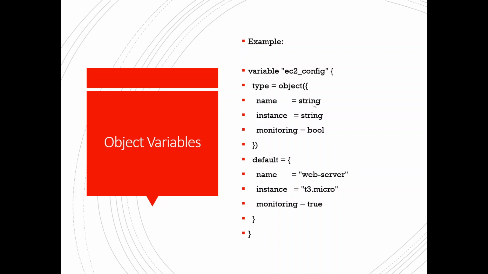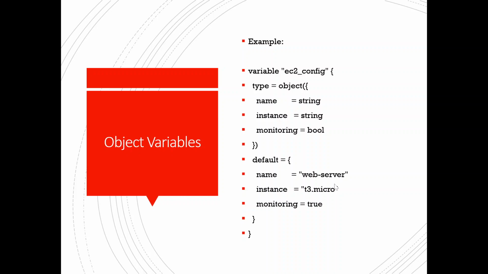Suppose we have given the name web server, the instance type t3.micro, and for monitoring, the boolean true. So the name is web server, instance type is t3.micro, and monitoring is true. Objects are powerful when you want to pass a set of related values, for example, when you are working with Terraform modules.